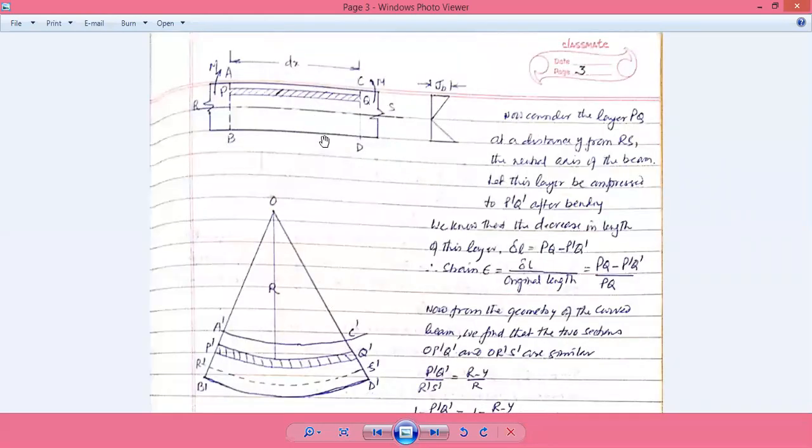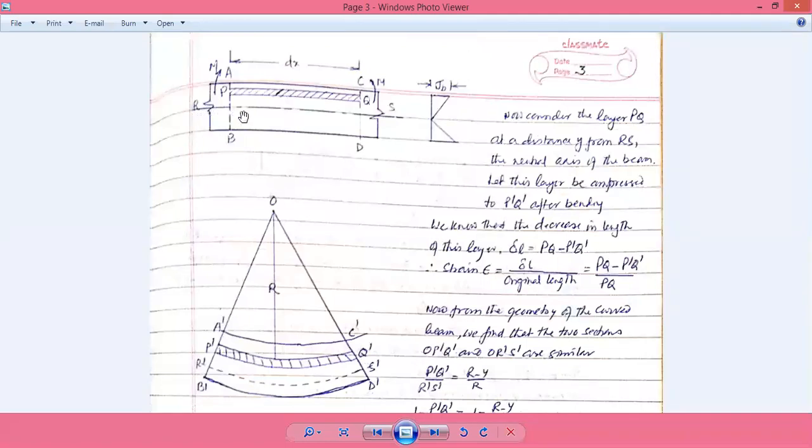Now let us have this. This is the particular length of the beam. This is the full beam, which is shown by the section lines here and here. And this is the length under our consideration, which is elementally small, equal to dx, between the sections AB and CD.